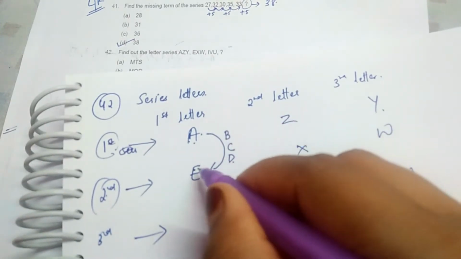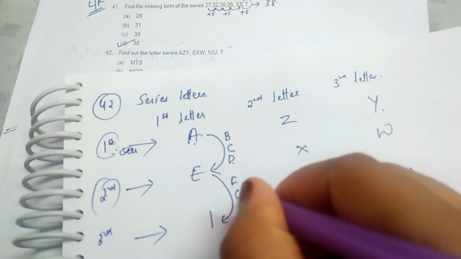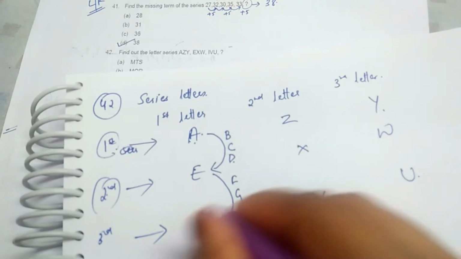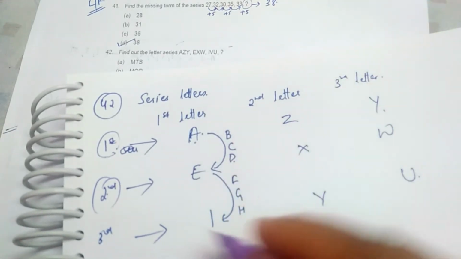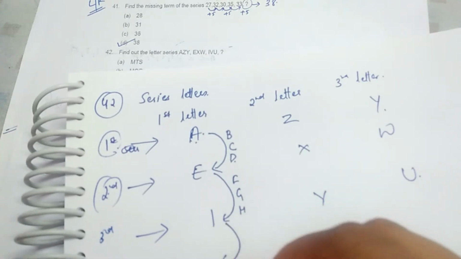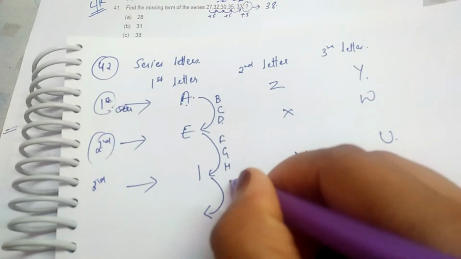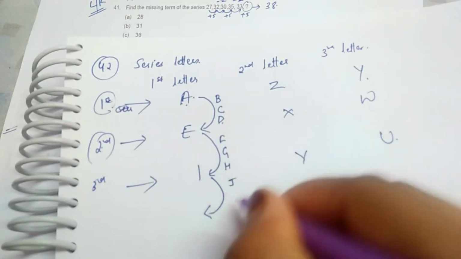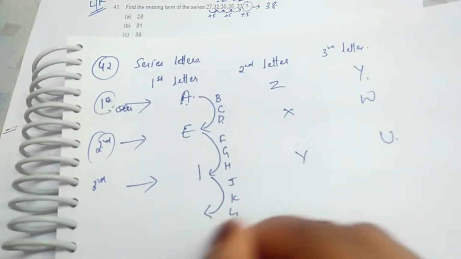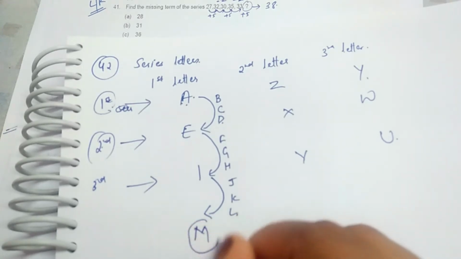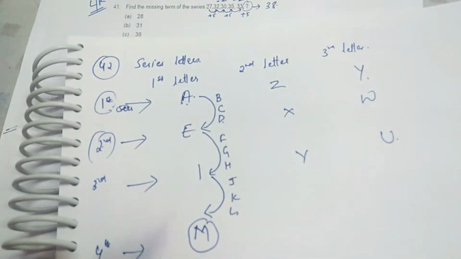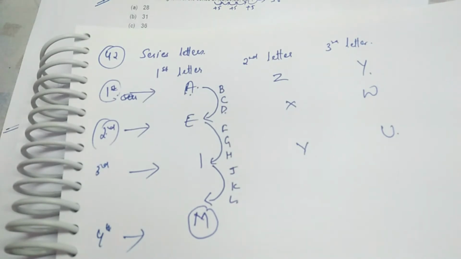Let's check: E, then F, G, H are skipped, and then I. Yes, they are skipping 3 letters. So we can make out the next letter: H is over, I is written here, J, K, L are skipped, after that M. So the fourth term's first letter is M.